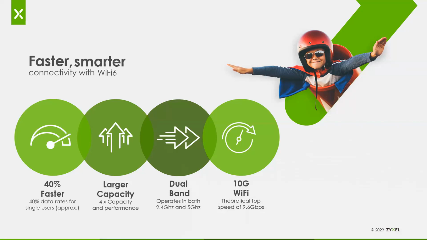It's also been designed so you can have more APs in the same area, and to minimize the interference between those access points. In addition, Wi-Fi 6 is dual band, meaning that it improves the performance of both 2.4 and 5 gigahertz. Essentially, the feature set is the same regardless of what frequency you use.